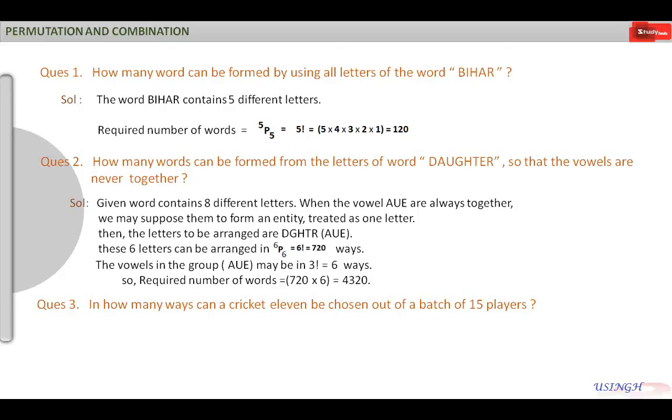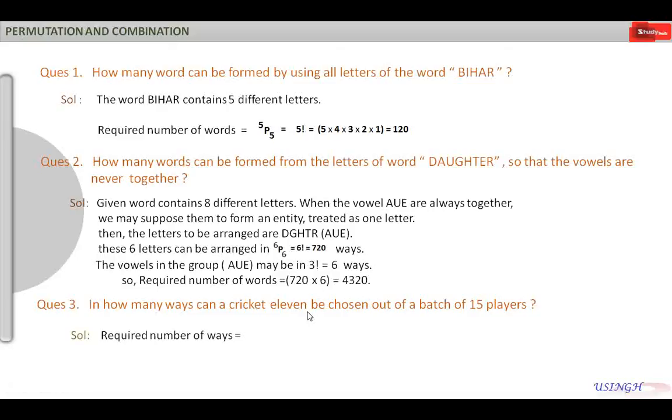Now some more types of questions. In how many ways can a cricket 11 be chosen out of a batch of 15 players? Here there are 15 players, and among these 15 players we have to choose 11 players.